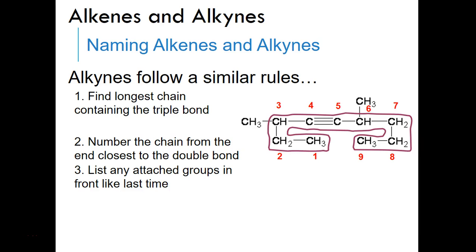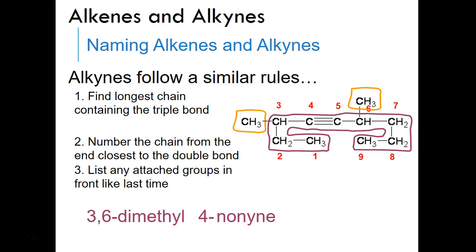We can start numbering where the triple bond has the least number, and we can see that it is a 9 long carbon chain, so that's non. Our triple bond starts at the 4th carbon, so it's 4-nonyne. We also have some attached groups. We have a methyl at 3 and a methyl at the 6. You indicate what carbon they're attached to, and then just write dimethyl because you have 2 methyl groups.